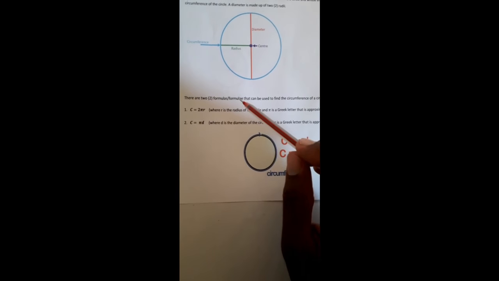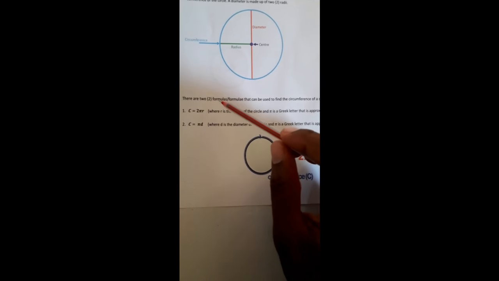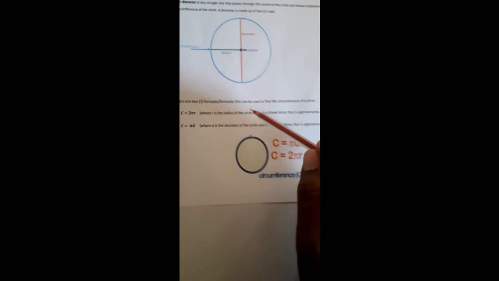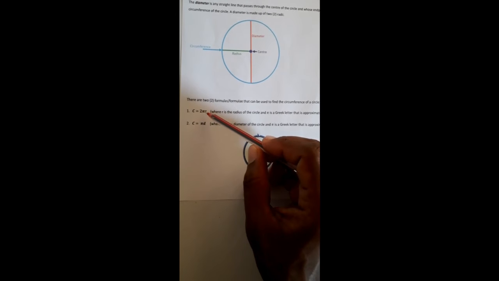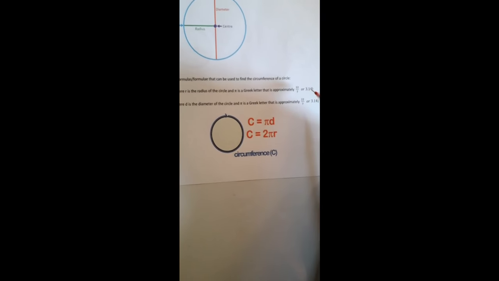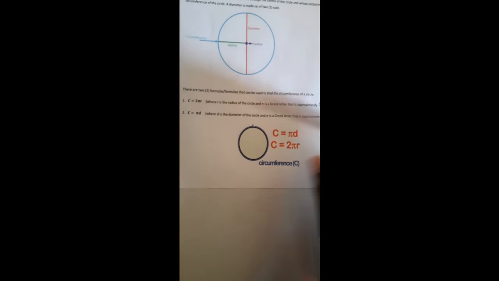Good. There are two ways we can write the plural for formula: formulas or formulae. There are two formulas that can be used to find the circumference of a circle. Firstly, we can use C equals 2 pi r. Pi is a Greek letter which is approximately 22/7 or 3.14 corrected to 2 decimal places. So C equals 2 pi r or C equals pi d.